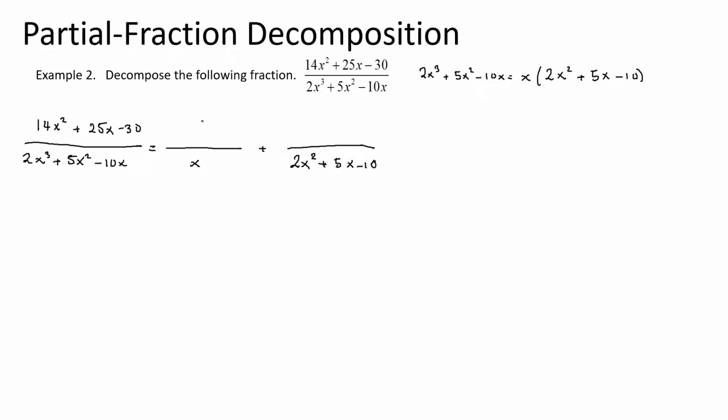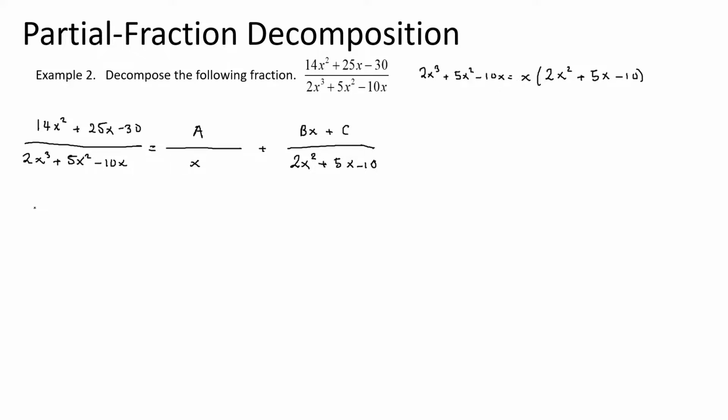Now, your numerator, once again, is one less degree than your denominator. X is a linear function, so the numerator will be just a constant, which is a. Now, your second fraction is a quadratic function, so one less degree than that will be a linear function. So you will write it as bx plus c.